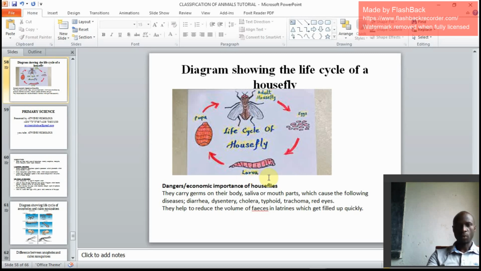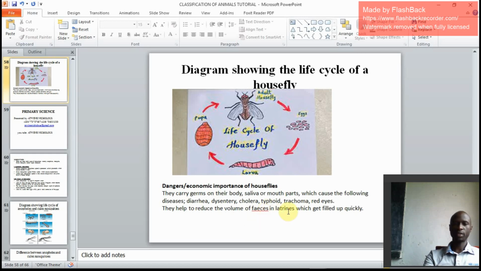We have dangers or economic importance. They carry germs on their bodies. Remember, houseflies spread a number of diseases like diarrhea, dysentery, cholera, typhoid, trachoma to eyes, among many diseases. Then they help to reduce the volume of feces. That is the economic importance.